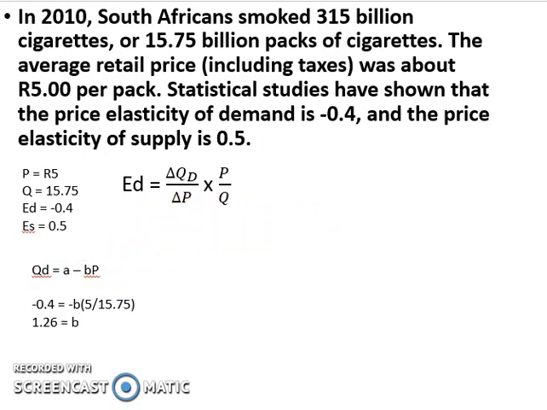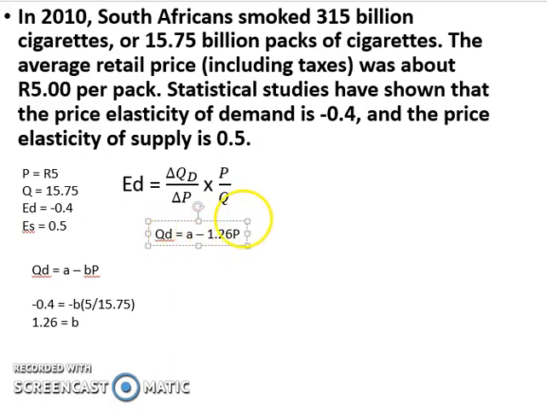So if we are now putting the value for minus B into our demand equation, we get quantity demanded equals A minus 1.26p.